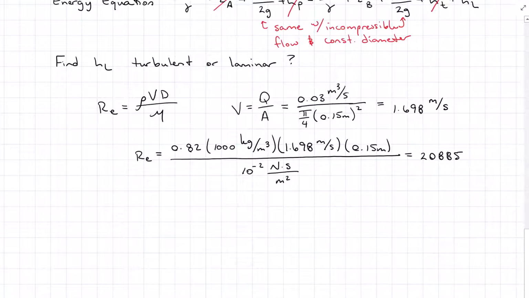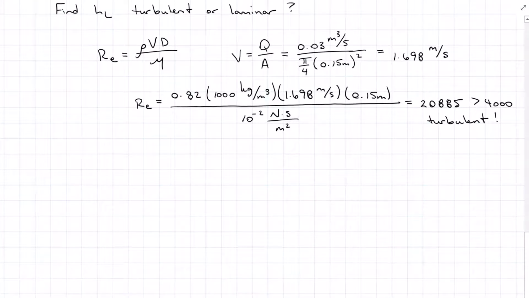This is definitely turbulent. I have two ways to calculate the friction factor. I'm going to start with the Moody diagram. So with the Moody diagram, we need the Reynolds number that we already have. We just calculated that.